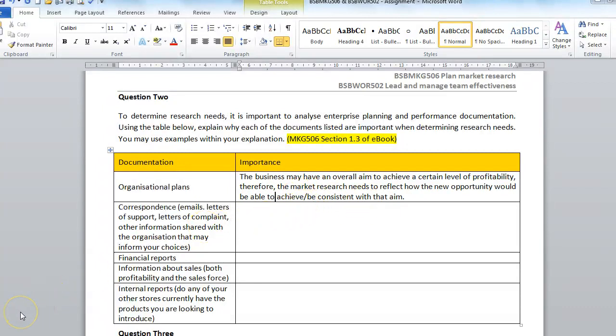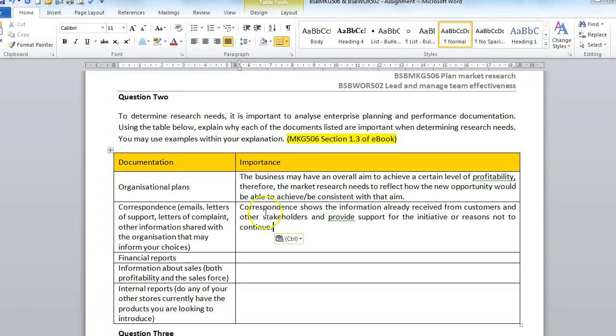So that's organizational plans. Then correspondence. It shows the information already received from customers and other stakeholders and provides support for the initiative or reasons not to continue. So maybe you've had emails from customers about, they wish that the store had this, or maybe if you were thinking about doing something, just asking customers and seeing their responses to that.